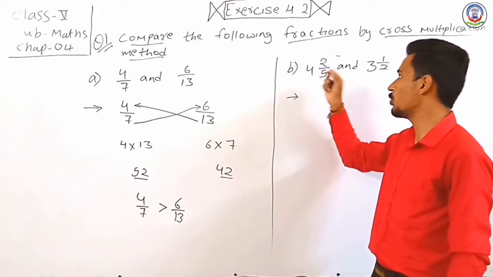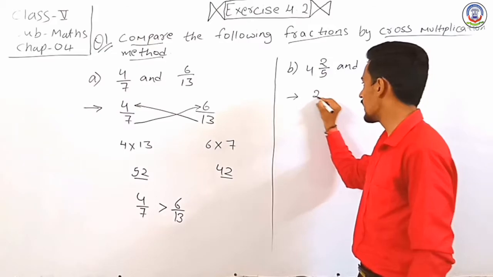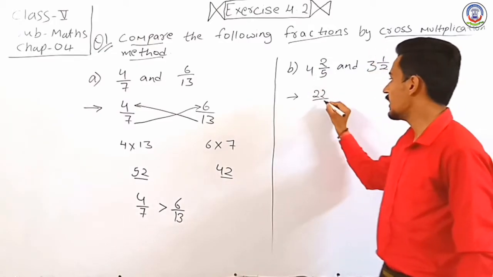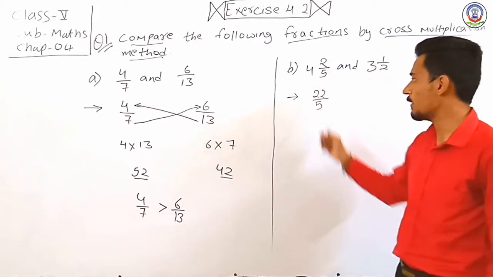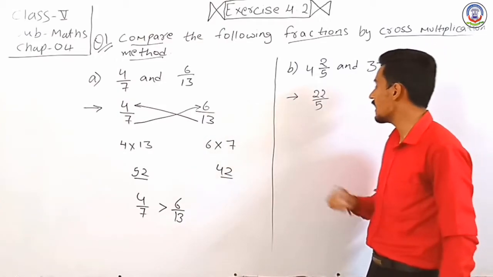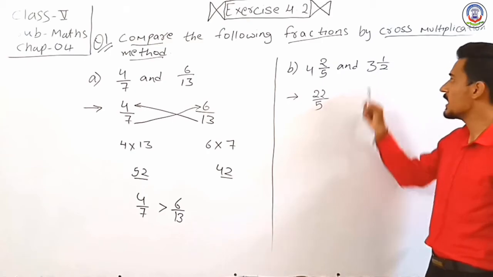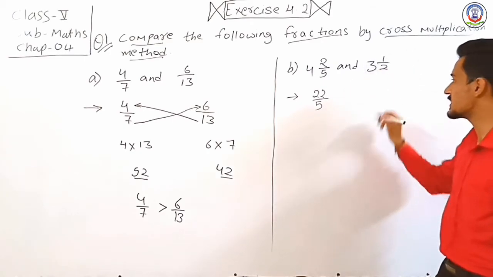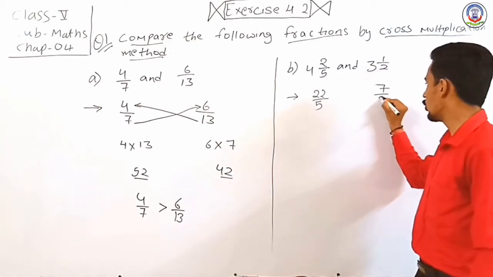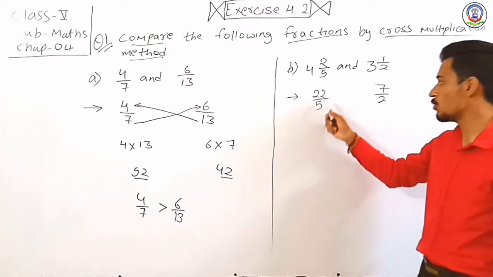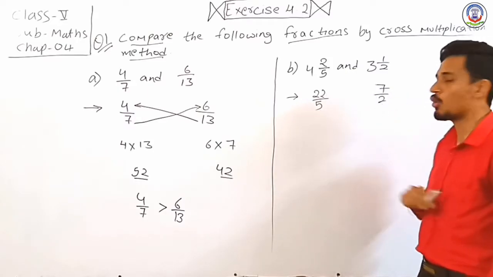Then we have to add 2 to it, that is 22. And we have to write denominator as it is, that is 5, that is 22/5. And here also 2 multiplied 3, that is 6. And when we add 1 to it, it is 7/2. So here it is 22/5 and here it is 7/2.